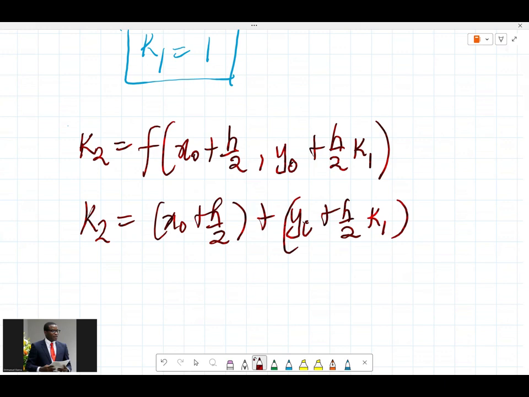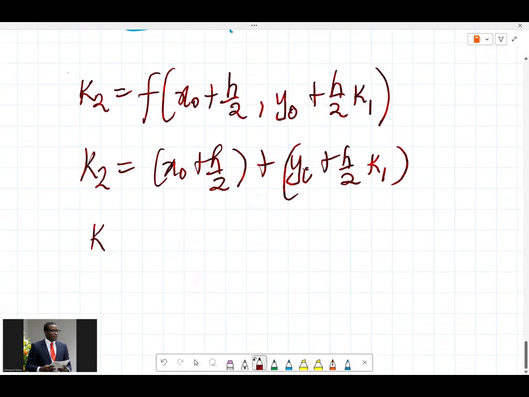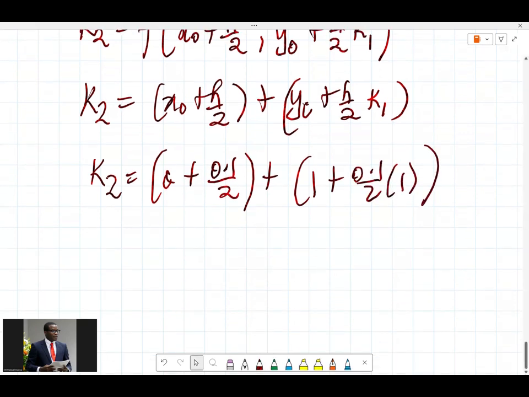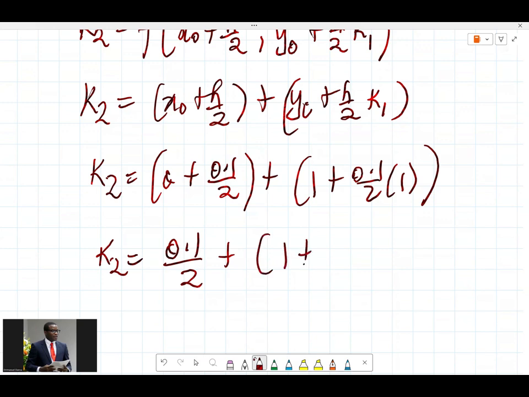So k2 is now equal to x naught, which is 0, plus h, which is 0.1, divided by 2, plus y naught, which is 1, plus h over 2, that's 0.1 divided by 2, multiplied by k1, which is 1 that we got earlier. So k2 is 0.1 over 2 plus 1 plus 0.1 over 2 again, because multiplied by 1, it remains the same.